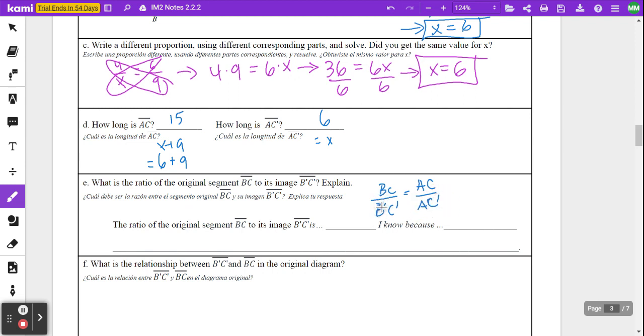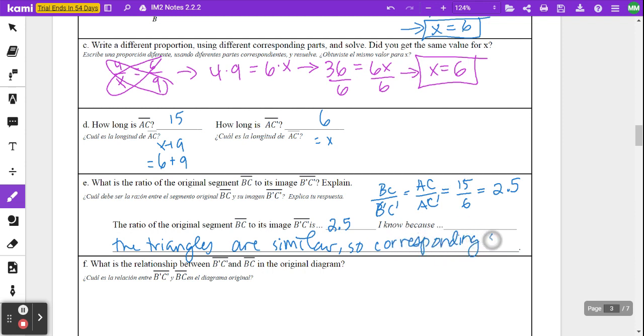This should just be, no, that's right. So it should be the same as 15 over 6, which is 2.5. It should be the same as that, and I know because the triangles are similar, so corresponding sides are proportional.